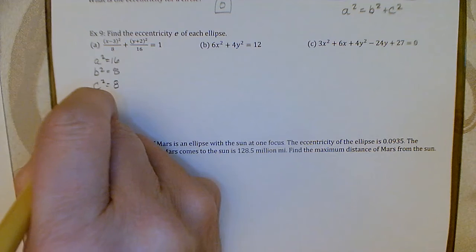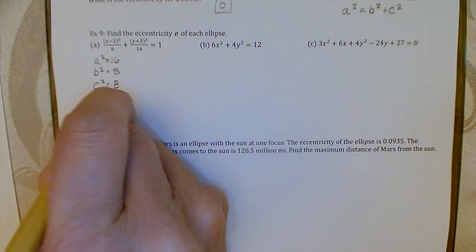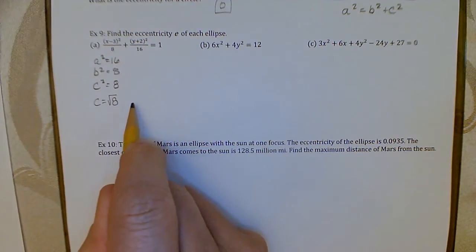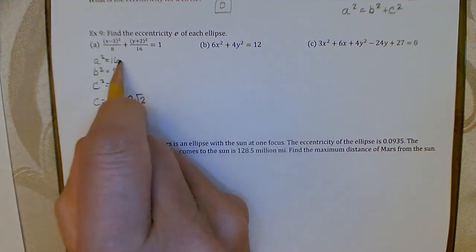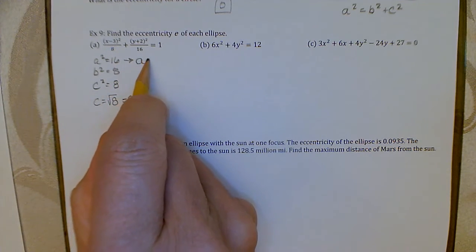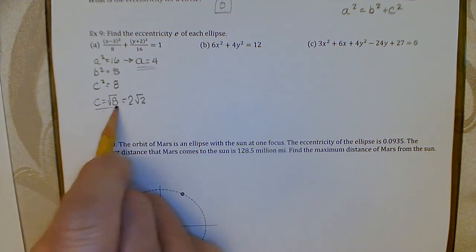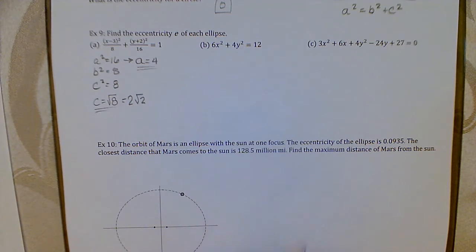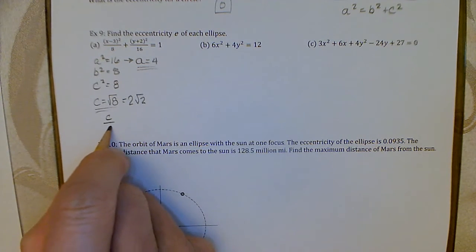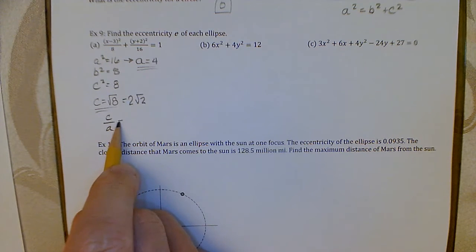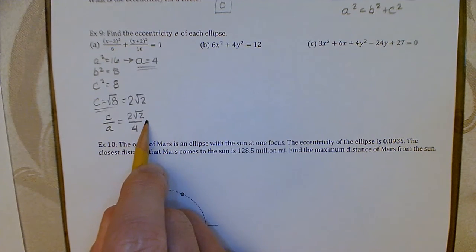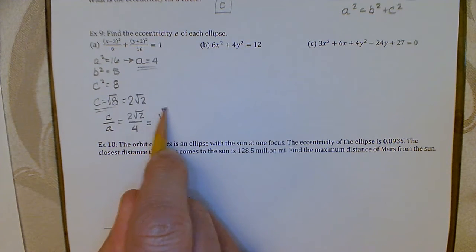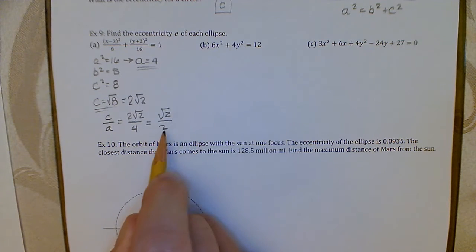And so C is the square root of 8, which is the same thing as 2 square root 2. And of course, up here we know that A is equal to 4. So basically we need A and we need C in order to write the eccentricity. So C over A now is equal to 2 square root 2 over 4. That reduces to square root of 2 over 2, which is approximately equal to 0.71.